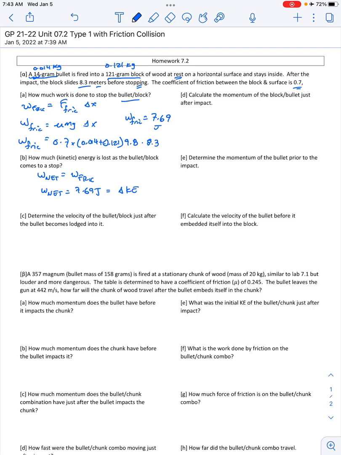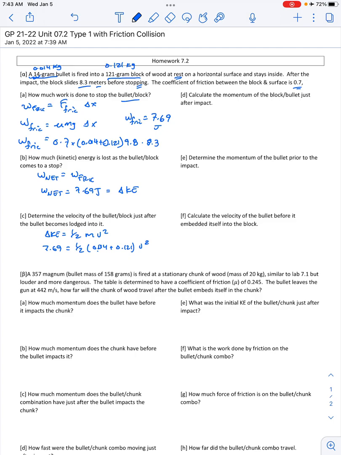Determine the velocity of the bullet and block just after the bullet becomes lodged in it. So this one we need delta KE equals 1/2 mv squared. 7.69 equals 1/2. And so this will be the bullet block combo because they're still moving. So 0.014 plus 0.121 times v squared.